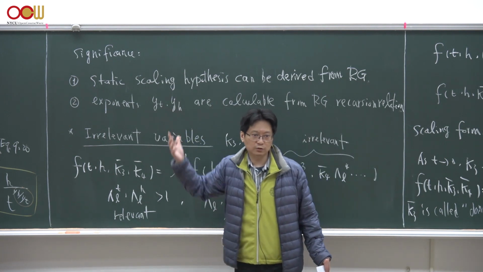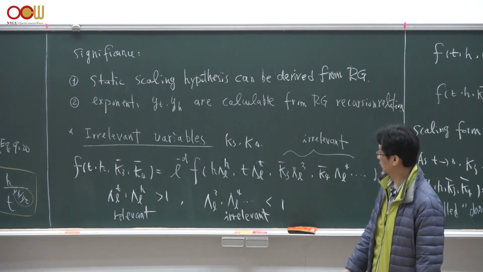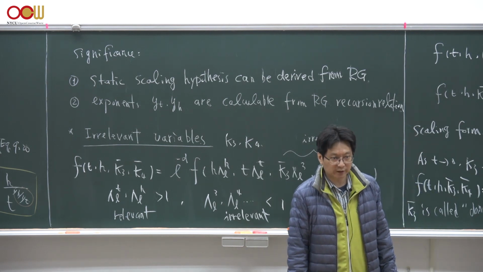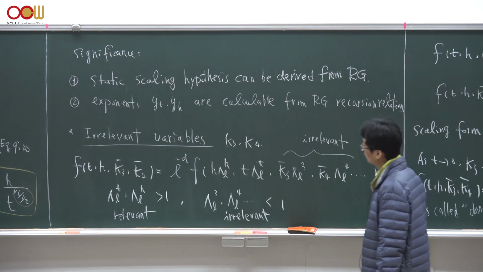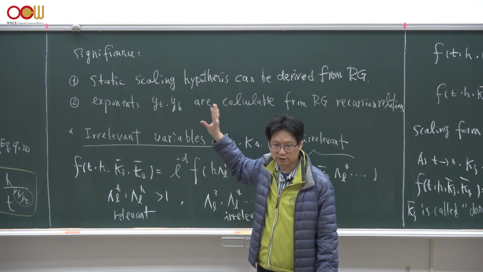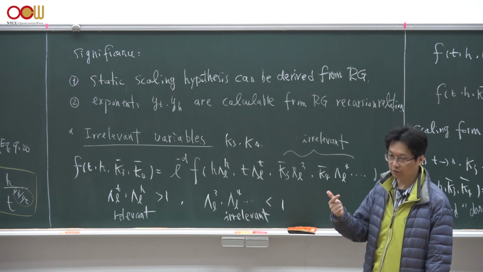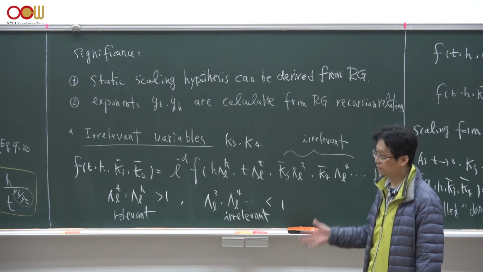But yt and yh can be calculated from the eigenvalues of the RG transformation matrix M that we just introduced. So everything we need to know can be derived from the RG transformations, the scaling form and also the critical exponents, and that's what we will do.